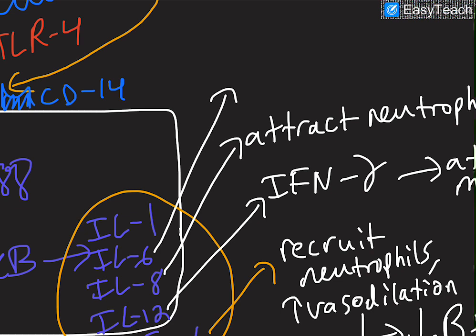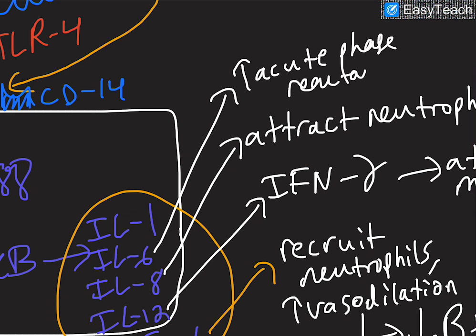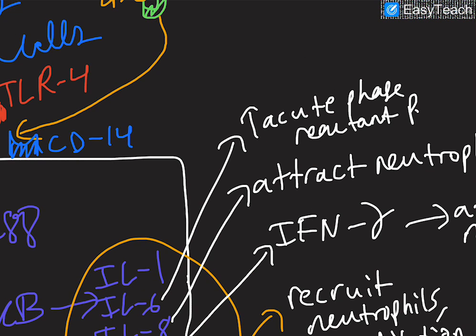And then we know interleukin 6 can go to your liver and increase production of acute phase reactant proteins, right? And then, of course, all these cytokines can lead to fever. So let's say interleukin 1 can go to your hypothalamus and induce fever.